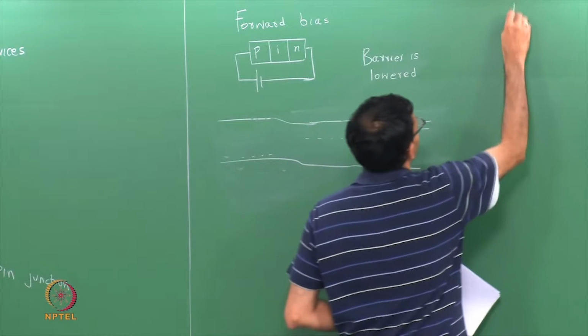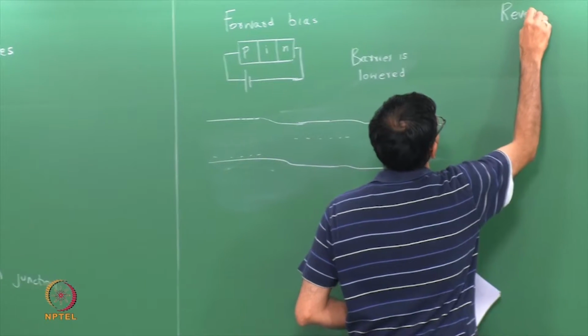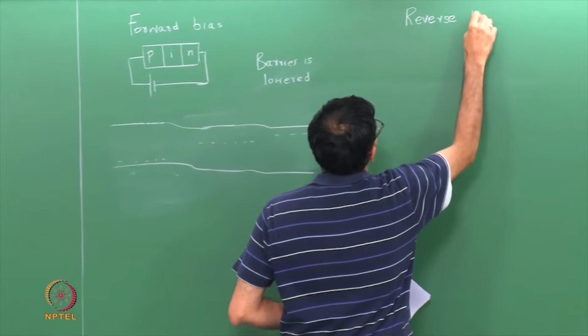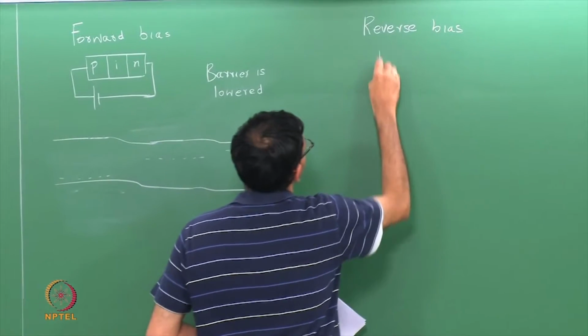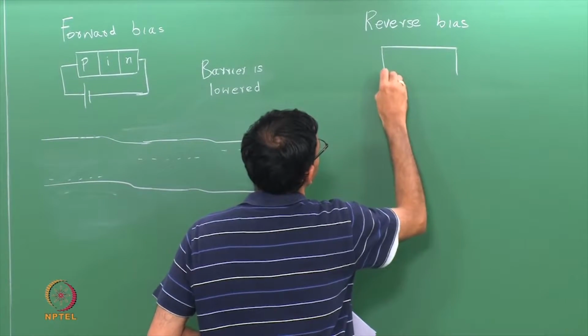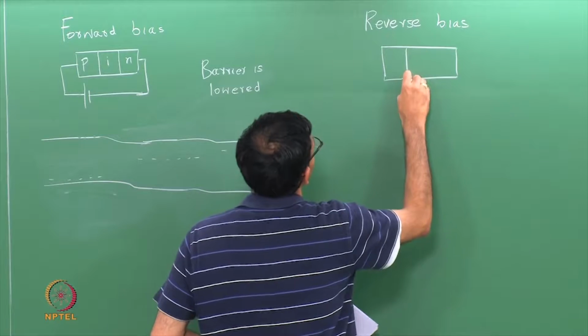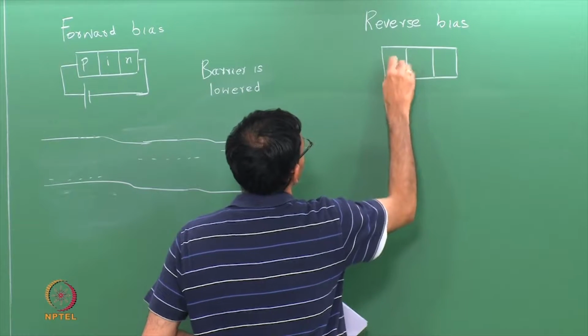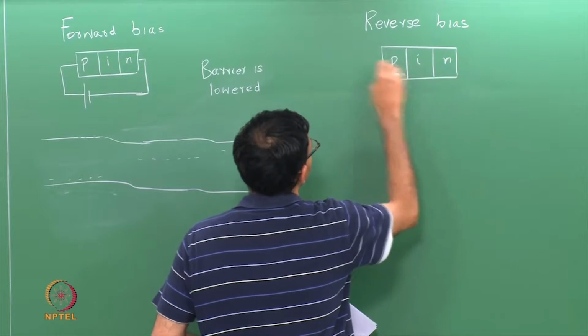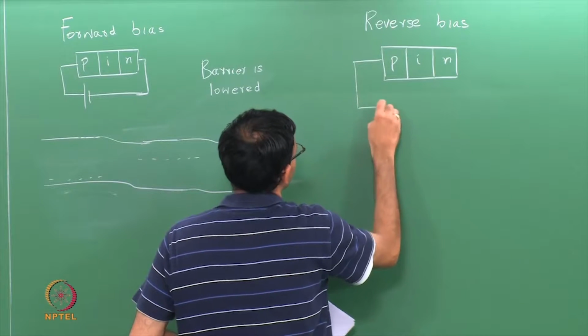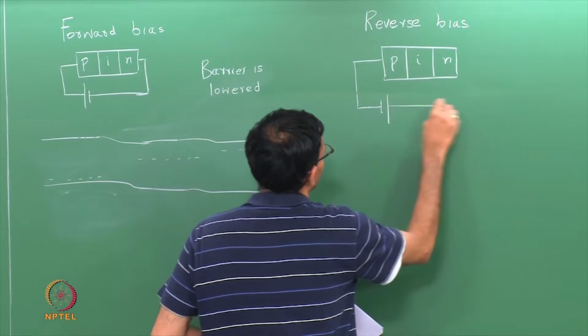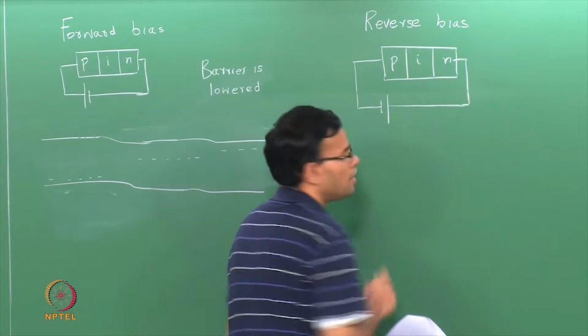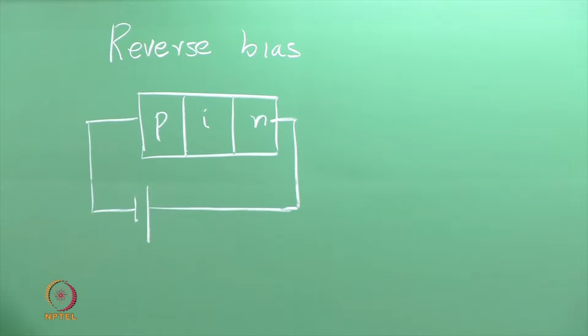Now, you have a reverse bias. So, P is connected to negative and N is connected to positive.